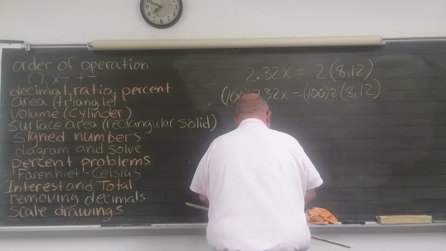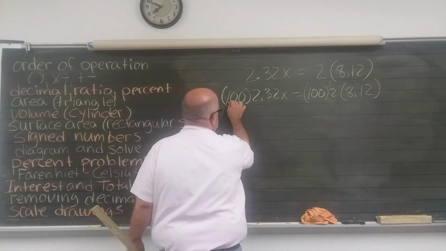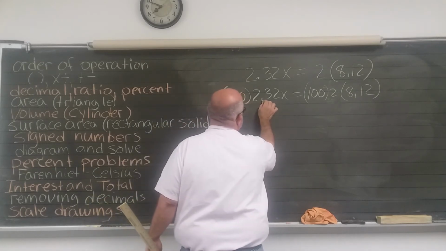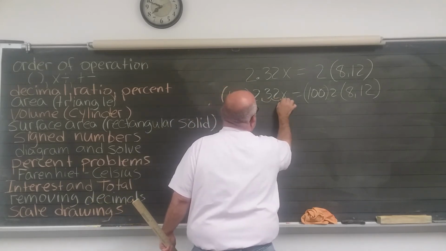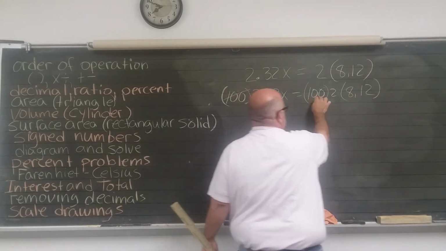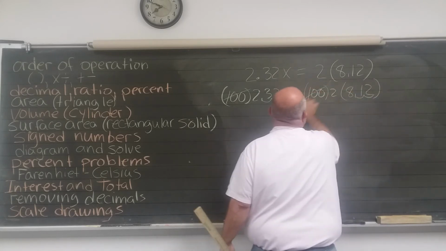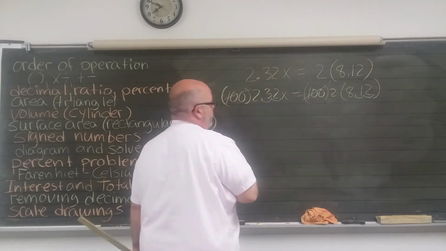Okay, now what is simply happening here is this 100 is gotten rid of by moving the decimal. You're getting rid of the decimal and you're getting rid of the 100. The 100 disappears. Same thing over here. You have a decimal and the 100 disappears. All right?